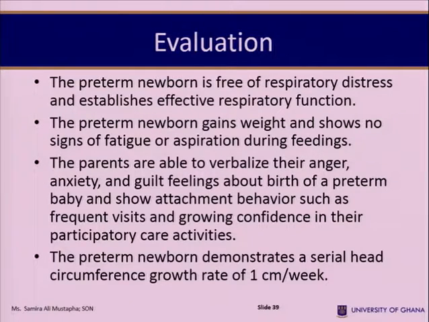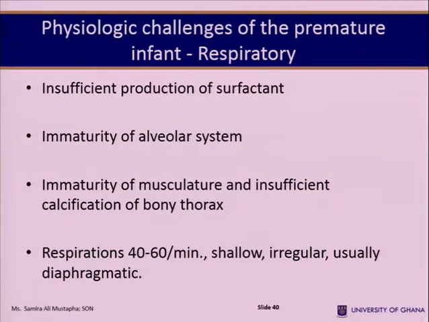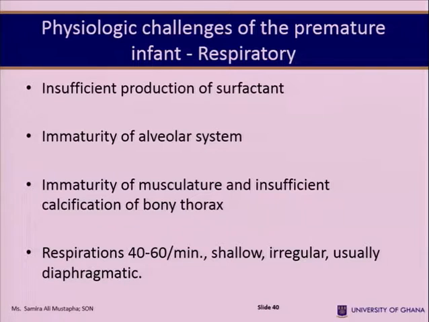Also, the physiological challenges of the preterm have to do with respiration. Why? Because the preterm infant has inadequate surfactant, the substance in the lungs that helps it to breathe. So there may be the need to support this newborn such that it establishes a respiratory rate between 40 and 60.